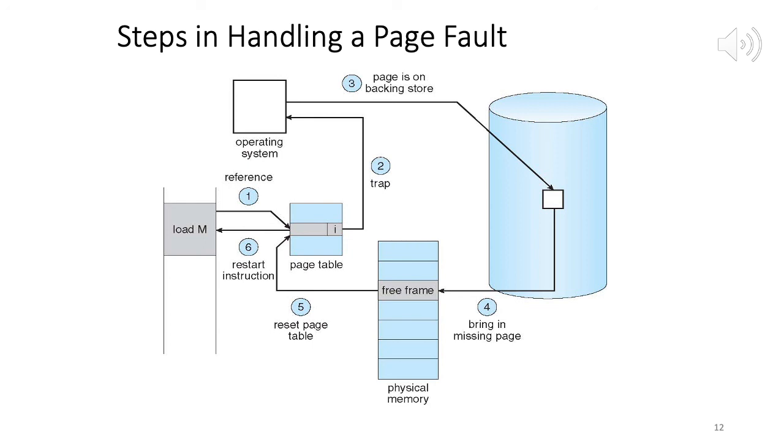So let's say the instruction is a part of a page. The instruction is load M. Naturally, when we want to run this instruction, the page in which this instruction lies, for that particular process, has to be mapped to a specific physical frame, and the mapping will be there in the page table.